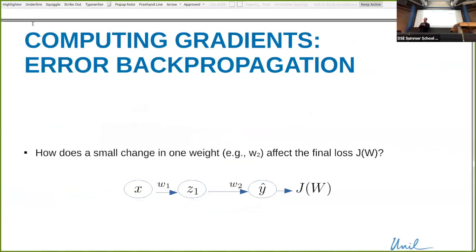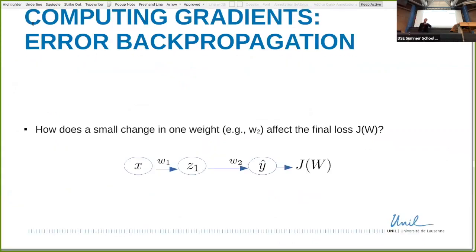Now, in the last few minutes, I need to give a bit more context. To come back to the neural network terminology, we need to compute all these gradients, right? And how do we get there? We need to compute the gradient of the loss function with respect to the various parameters. Here would be the loss function. We want to understand how much the final loss changes if the weight W2 changes.